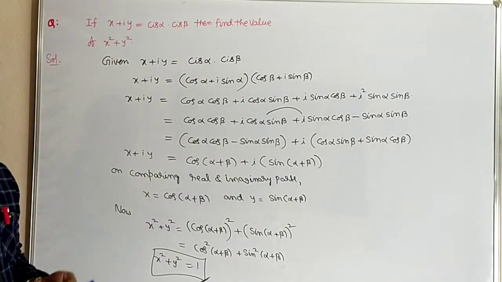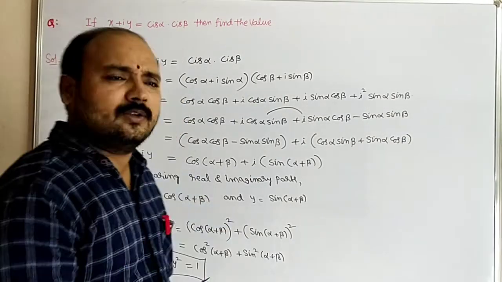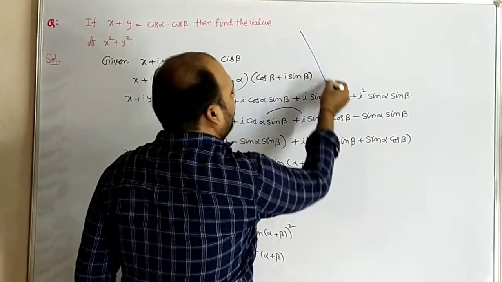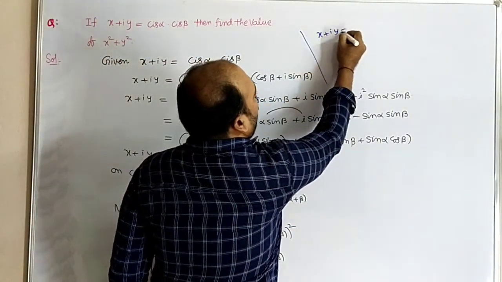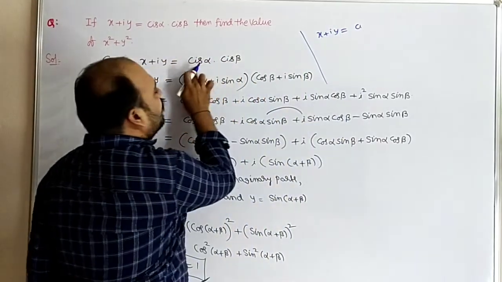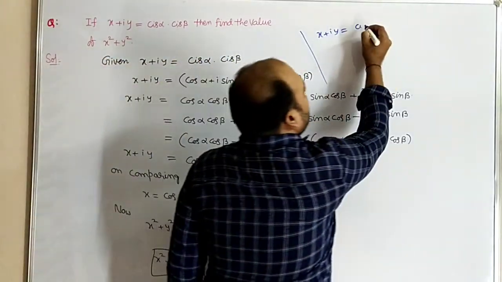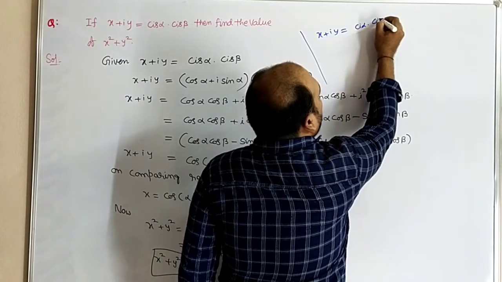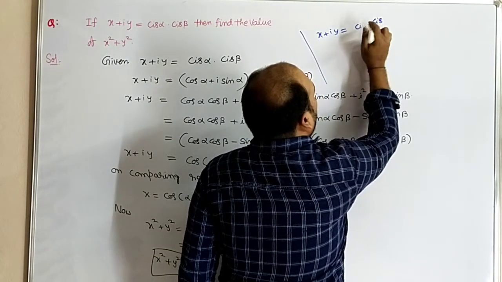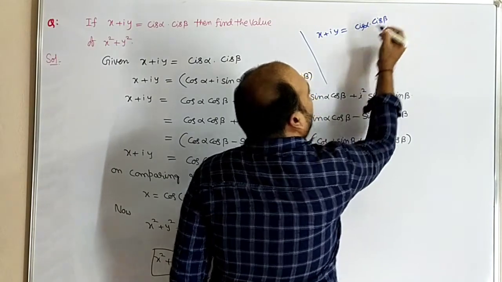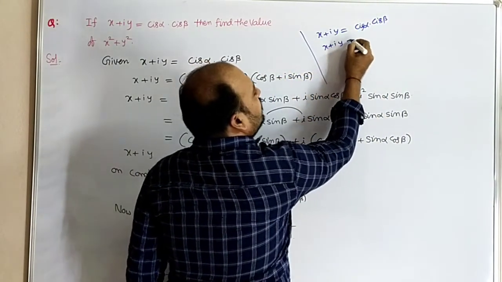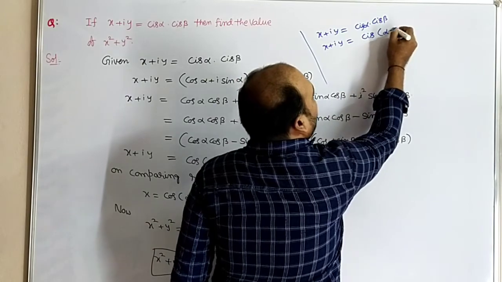And in another way, the simplest method, in some MHT-CET or JEE they will treat it like this. x plus iy is equal to cis alpha into cis beta. x plus iy is equal to cis of alpha plus beta.